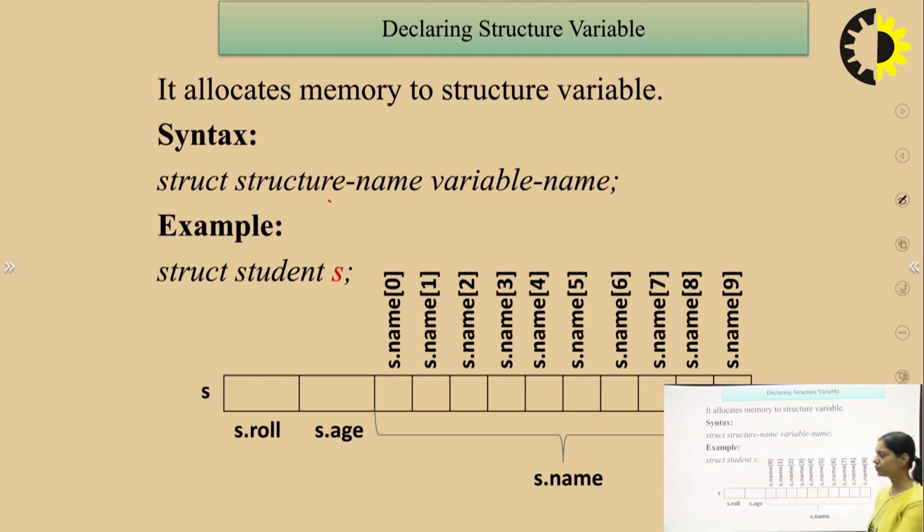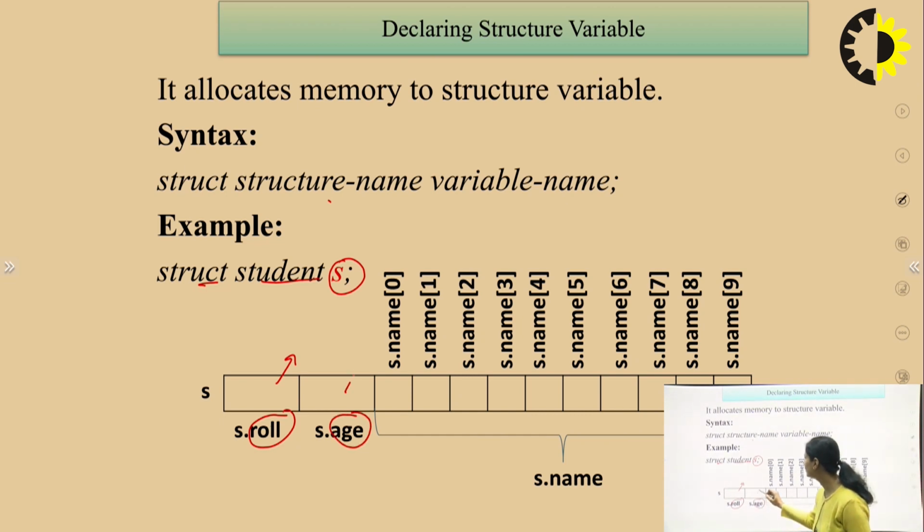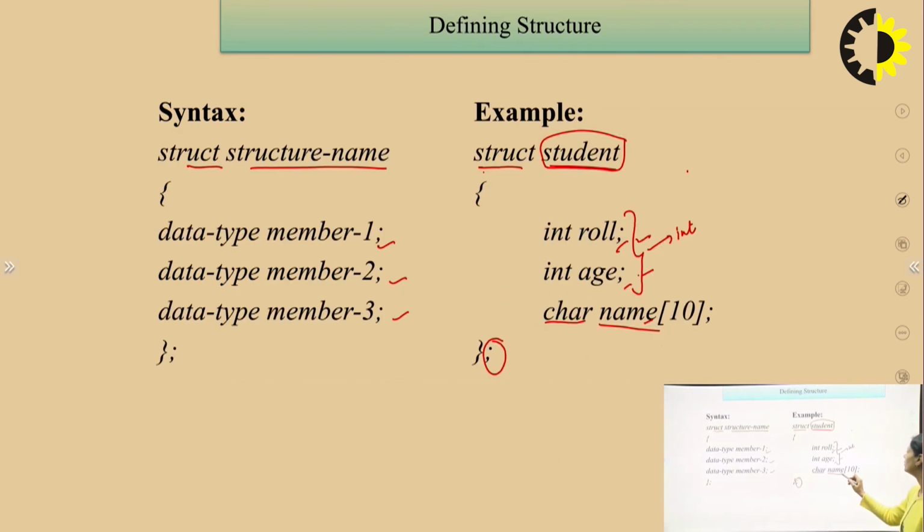So struct student S: we have struct with a structure name, that is student, and now we have named the variable S. Now this S will have in memory the first memory allocated to the roll number, the second memory allocated to the age, and if we look back, for name we have 10 memory allocations.